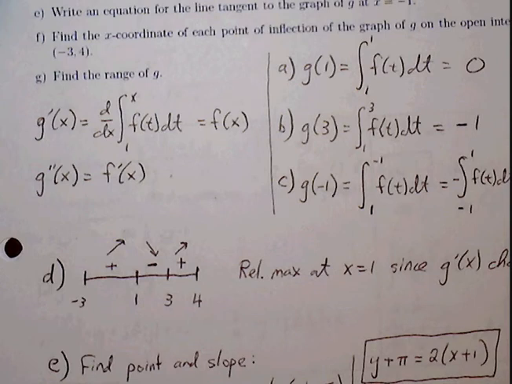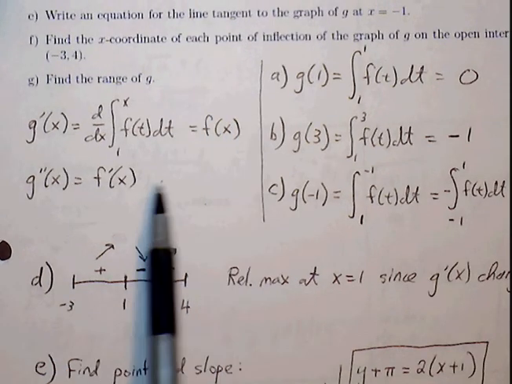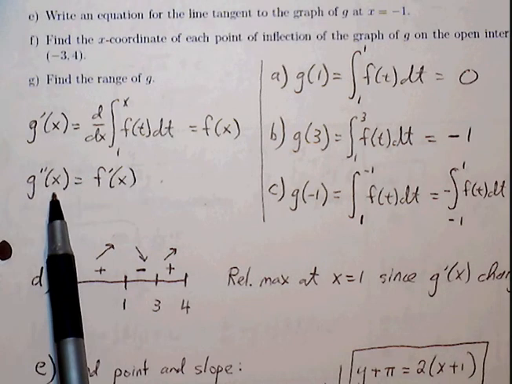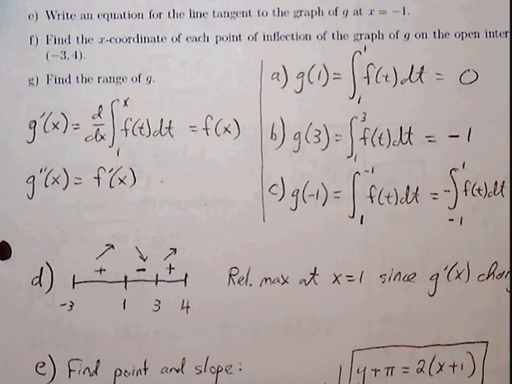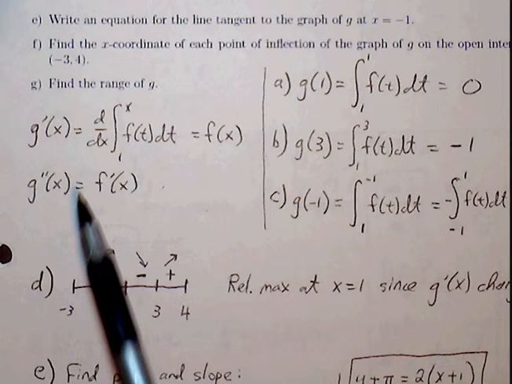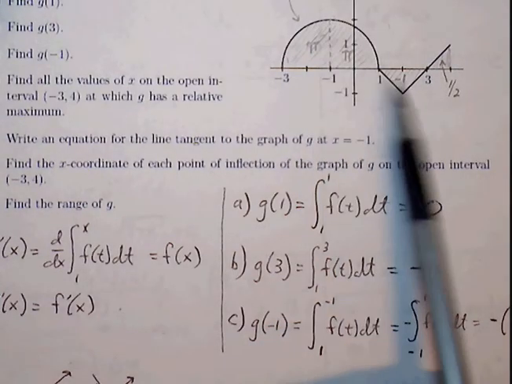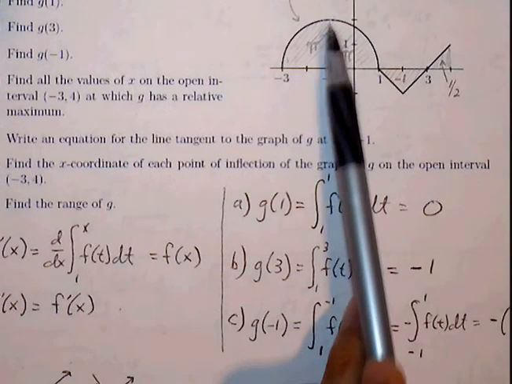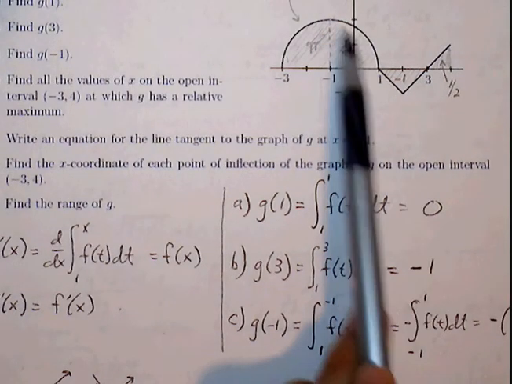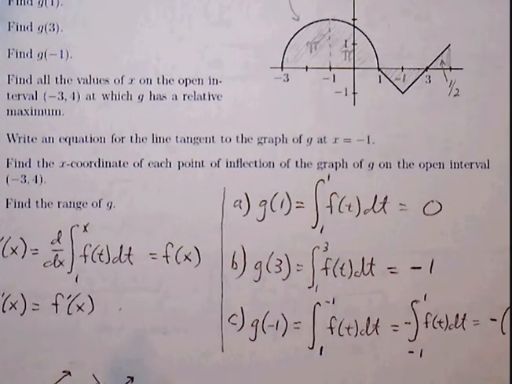Okay, part F. Find the x-coordinate of each point of inflection. If we want to find the points of inflection, we have to set g double prime equal to 0. And setting g double prime equal to 0 is the same thing as setting f prime equal to 0. Since this is the derivative graph of g of x, the maxes and mins, or the hills and the valleys, are going to represent the POIs for our g of x graph.